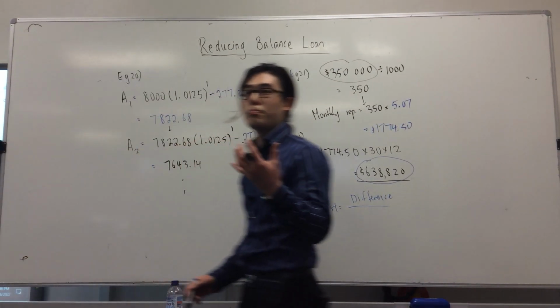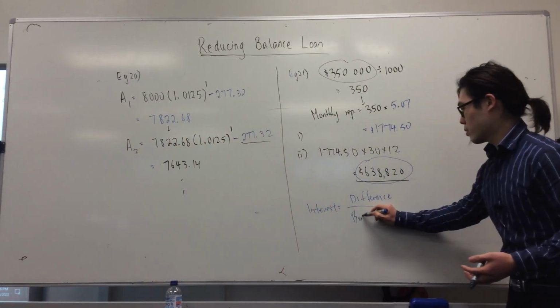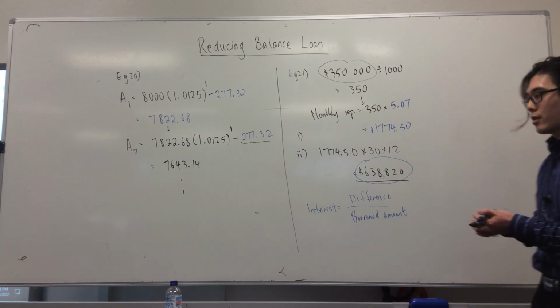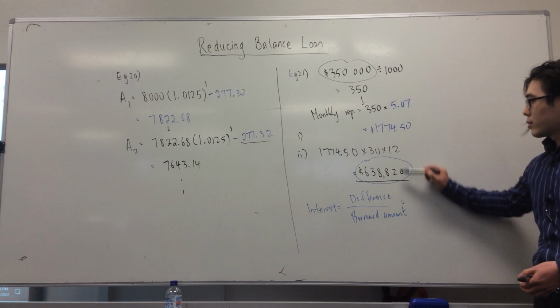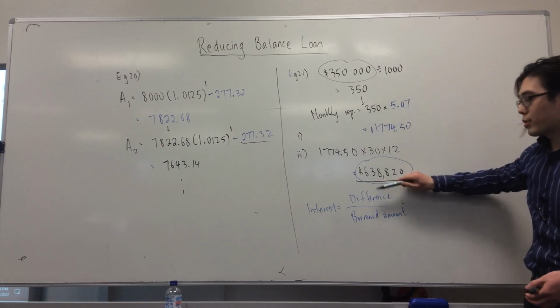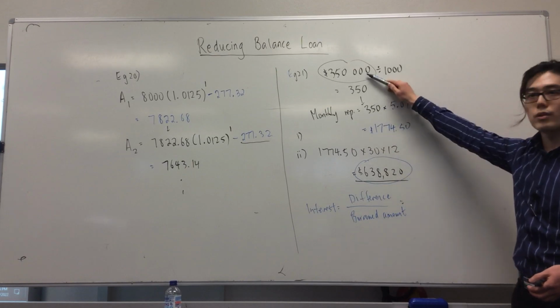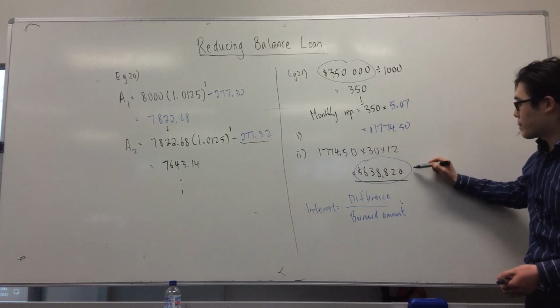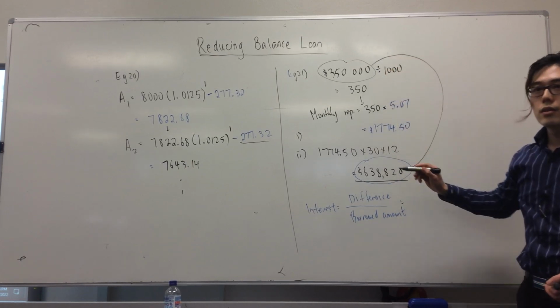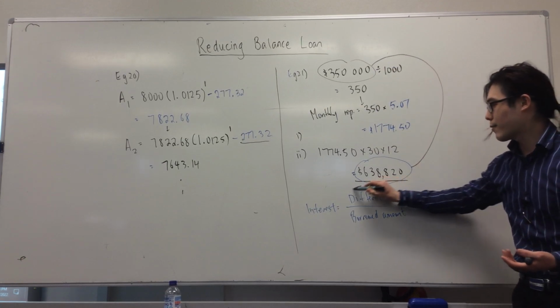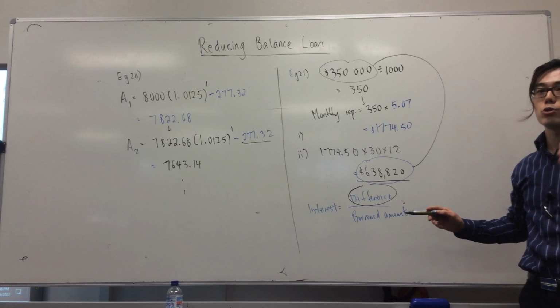It's always over how much you borrowed. So girls, in our case, the difference between these two, put it on top, over the borrowed amount, which is 300. The interest is the difference between how much you borrowed and how much you paid altogether.